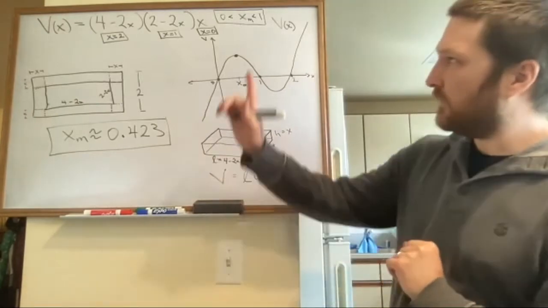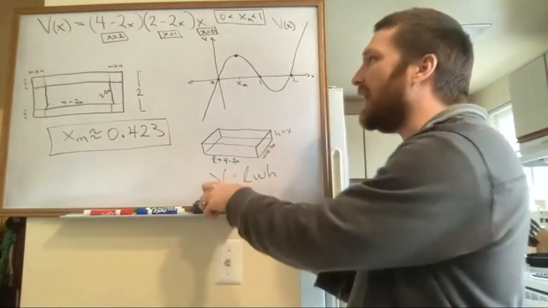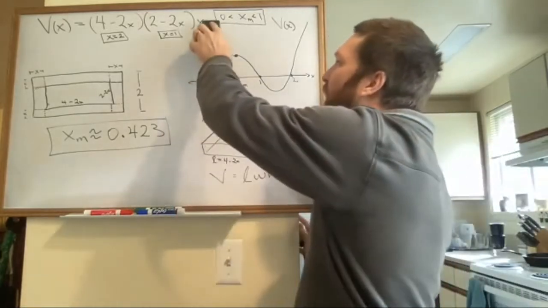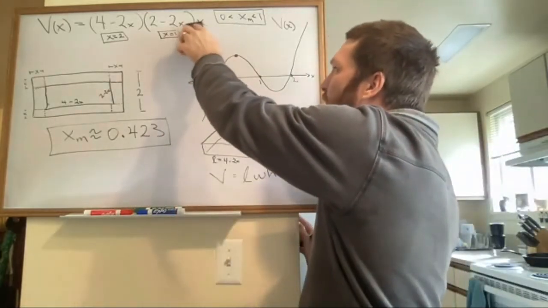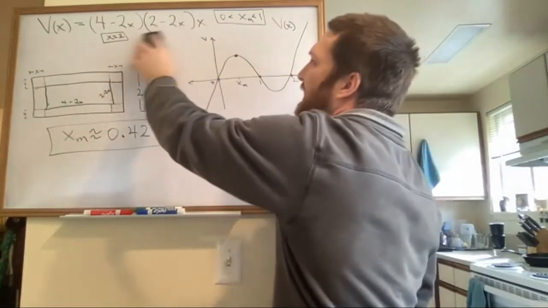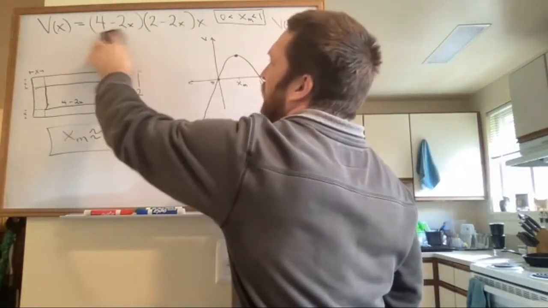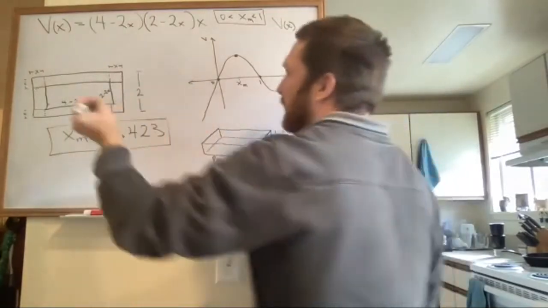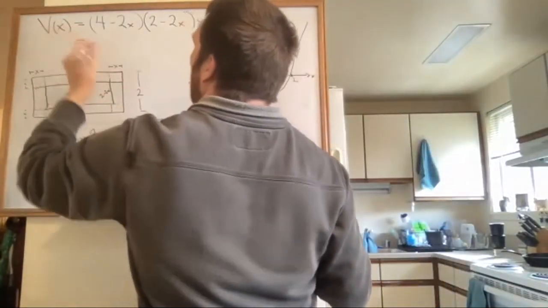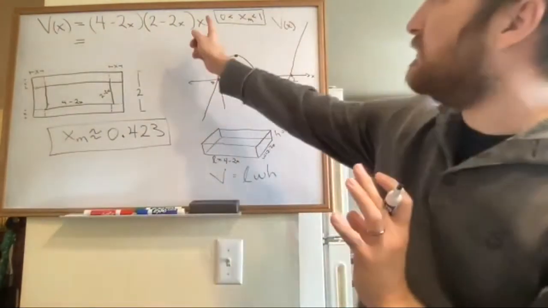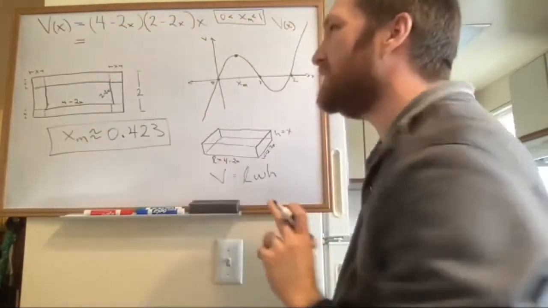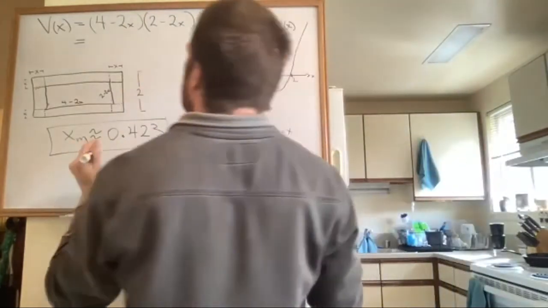It's going to be a lot easier on us, believe it or not, if we multiply this out and get it into the standard form of a polynomial, where we have some number times x cubed plus some number times x squared, etc. Please multiply this entire thing out and tell me what you get. I'm going to do the same.